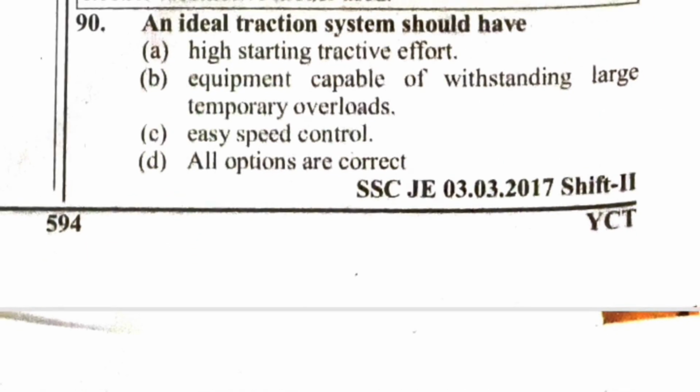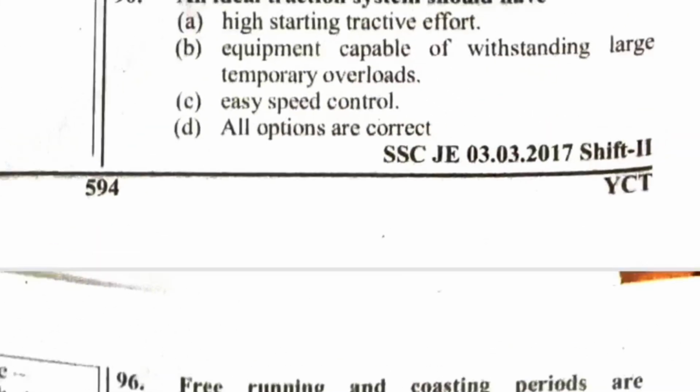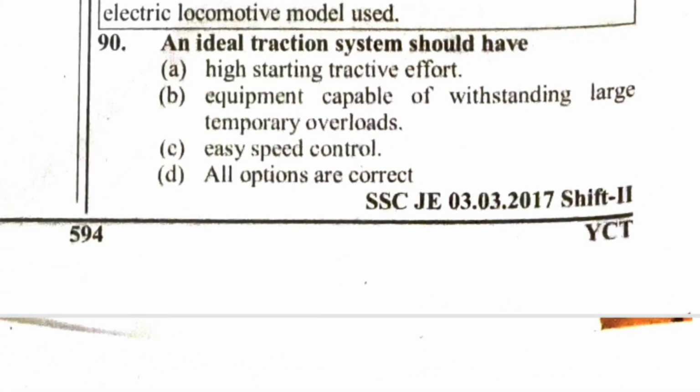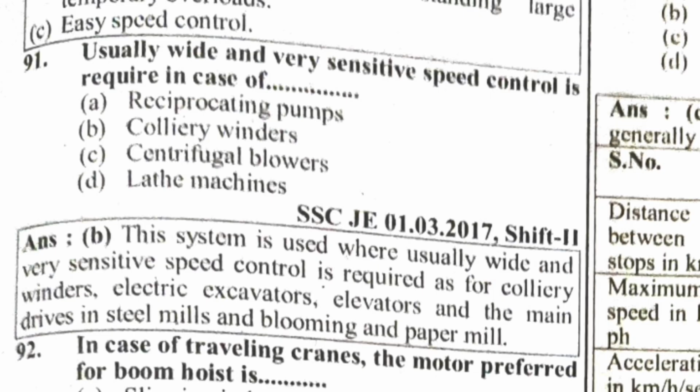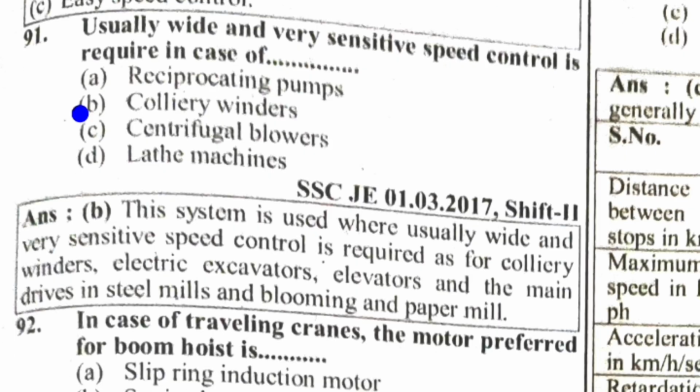An ideal traction system should have high starting tractive effort, equipment capable of withstanding large temporary overload, easy speed control, all. Usually, wide and very sensitive speed control is required in case of colliery winders.